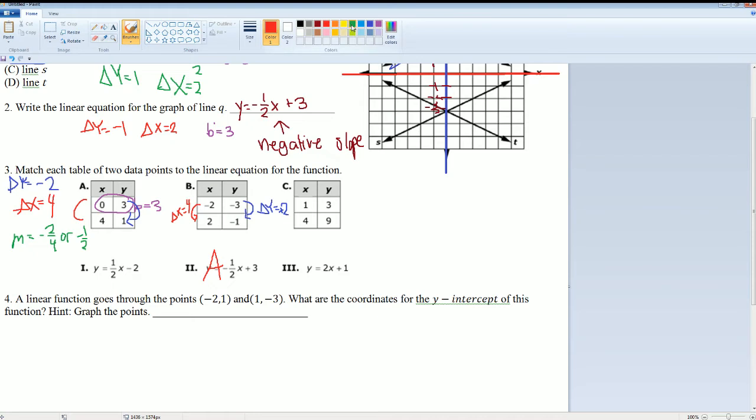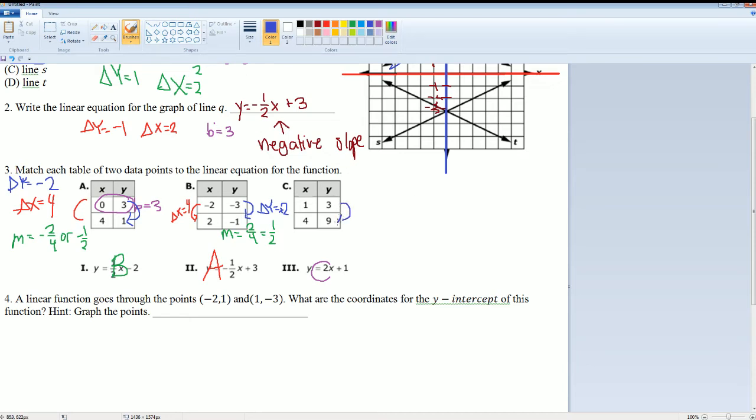So the slope is delta y, which is 2, over delta x, which is 4, which simplifies to 1/2. Which one has a slope of 1/2? This one. So this should be b. So this one automatically becomes c. I can still do it for you if you would like to see the work.